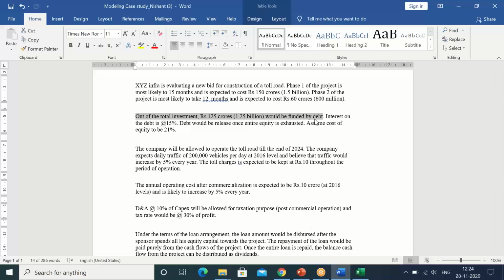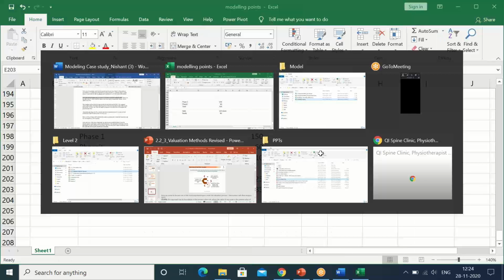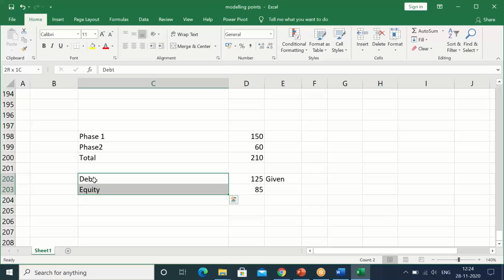Out of the total investment, which is 210, 125 is through debt. Where will the rest come from? Nothing is mentioned, so it automatically implies it will come from equity. Is this clear to you? Debt equity breakup.